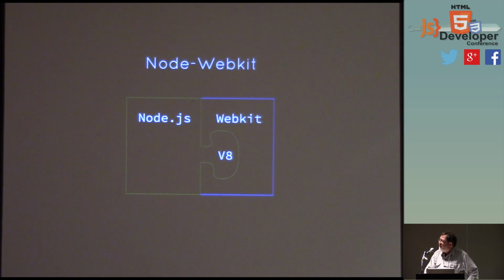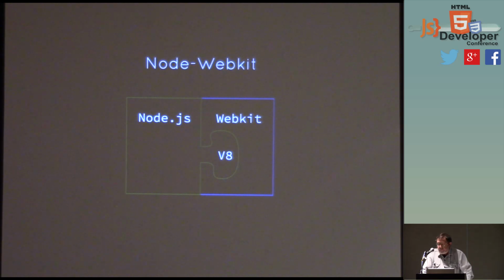And what holds them together more than anything is the V8 engine. V8 is the JavaScript engine developed by Google originally for Chrome and Chromium. And that was also the start of Node.js. When Ryan Dahl started Node.js, he grabbed the V8 engine and put the Node.js shell around it.